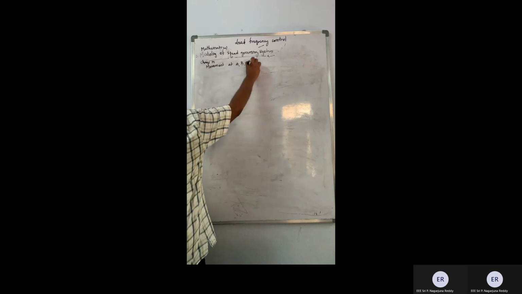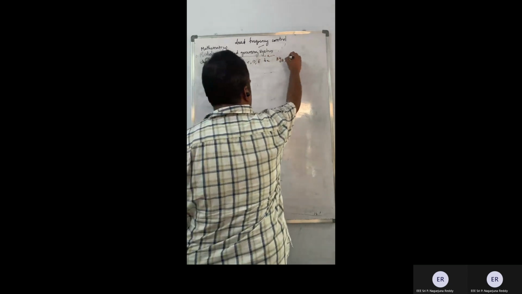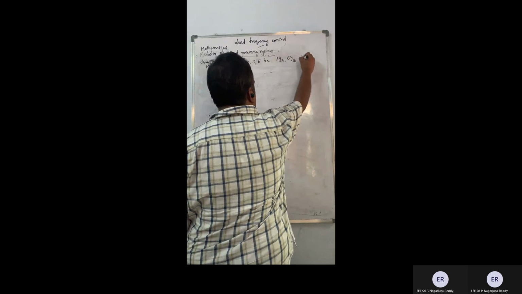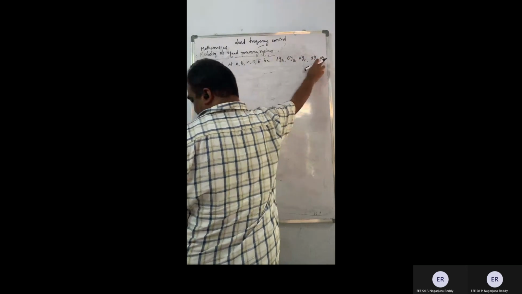I'll assume the change in movement at A, B, C, D, E as delta YA, delta YB, delta YC, delta YD, and delta YE. A change in the position of E will affect my turbine speed, isn't it?